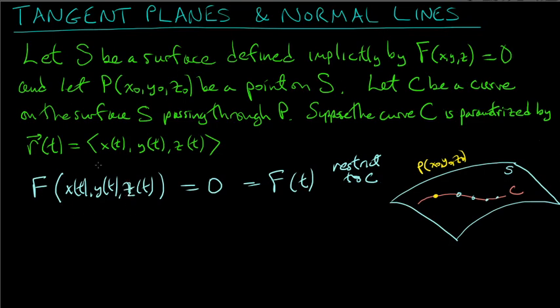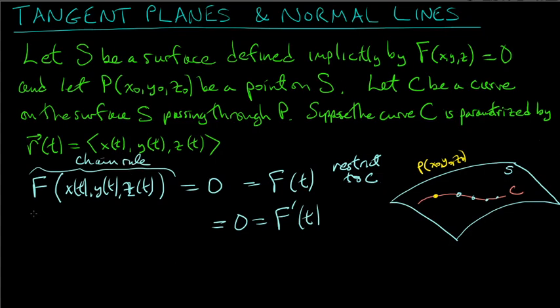So what I want to do now is just take the derivative of both sides. Essentially I'm going to take the derivative with respect to t, and the derivative of 0 is still 0. But this is a function of another function, so we're going to have to use the chain rule here to take the derivative.